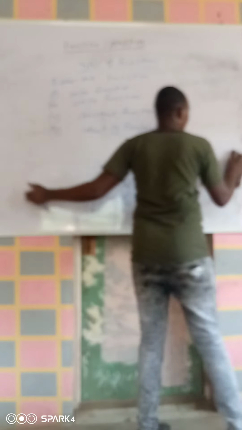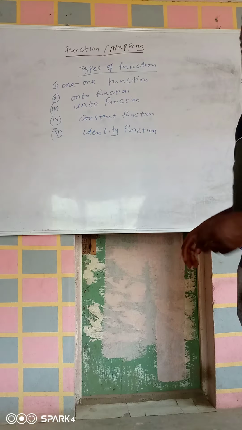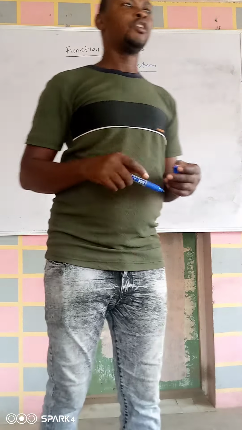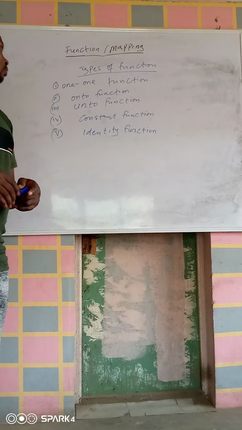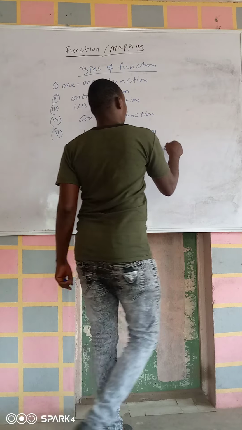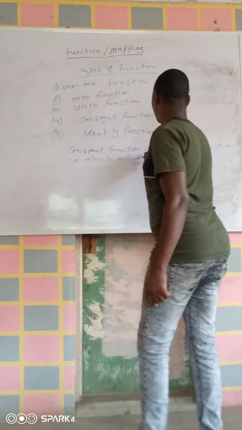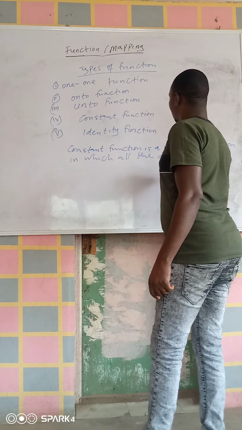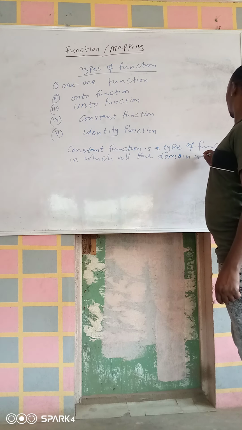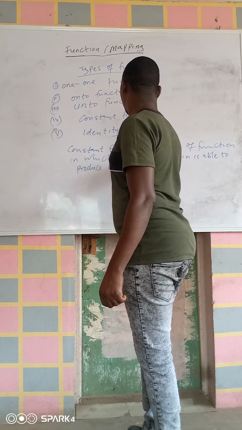A constant function is a type of function in which all the domain is able to produce one single image.